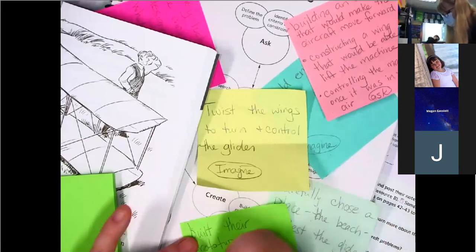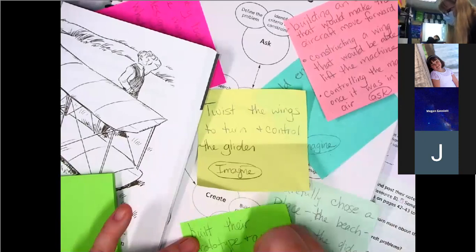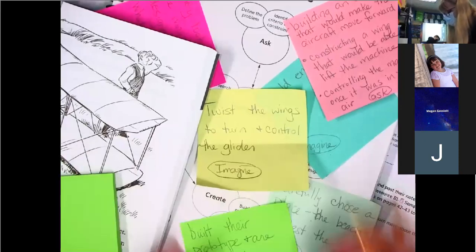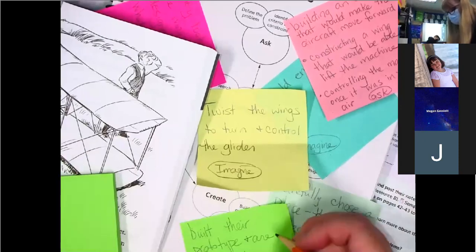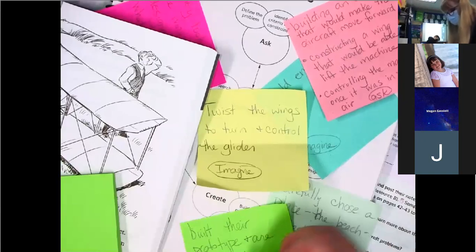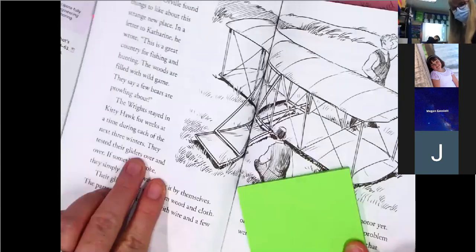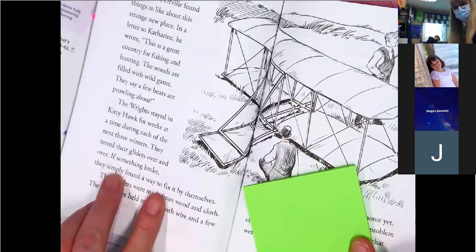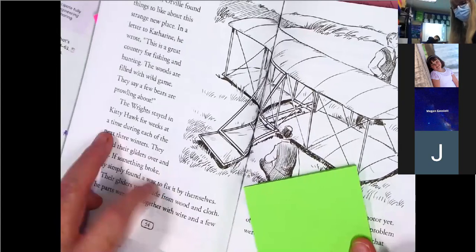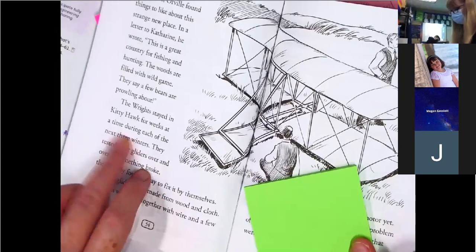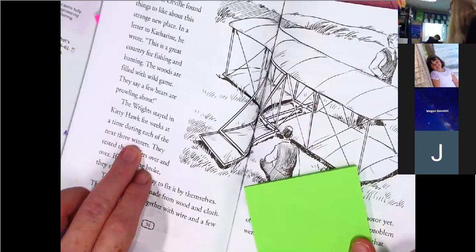over and over again. How many winters did it say did they do that? I don't know. They tested their gliders over and over for 3 winters. That means how many years? 3 years.